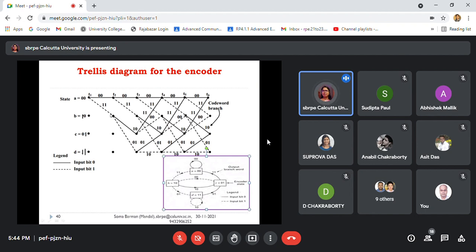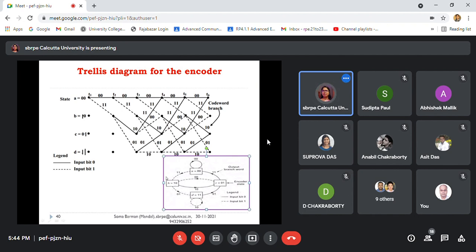Now at the time instant T2, it is in the state B. There is also a possibility that the next input is either 0 or 1.